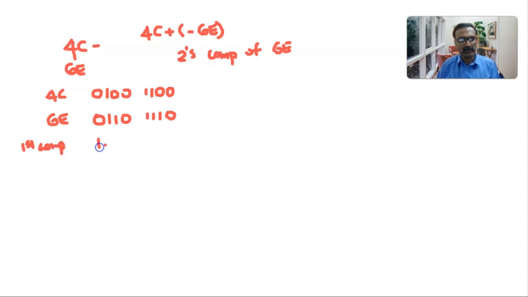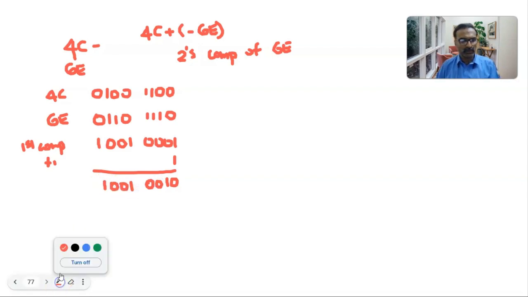The 1's complement is just the inversion, and plus 1 you have to add, right? When you add 1, you will get 1001 0010. Now you have to add this and this one.